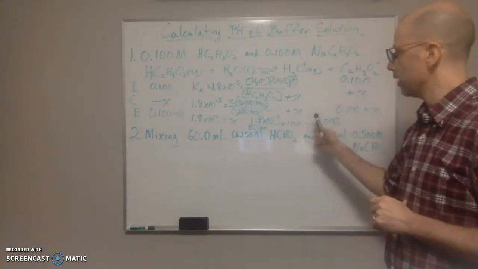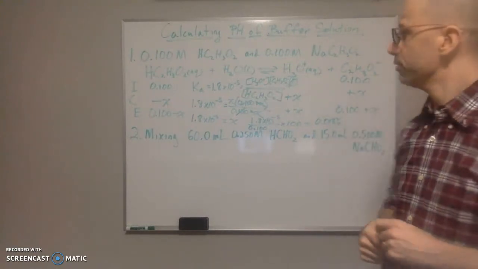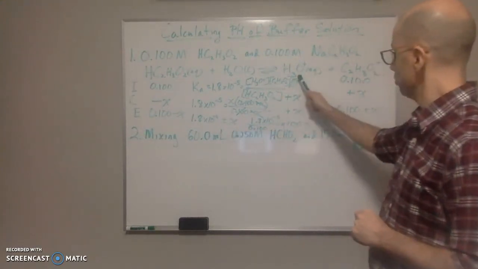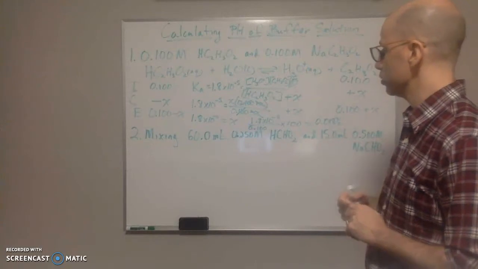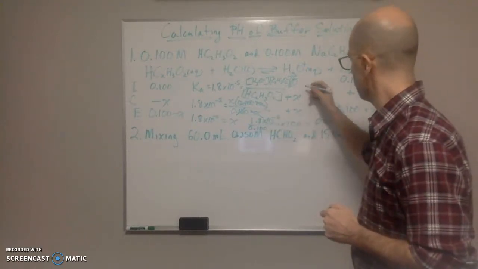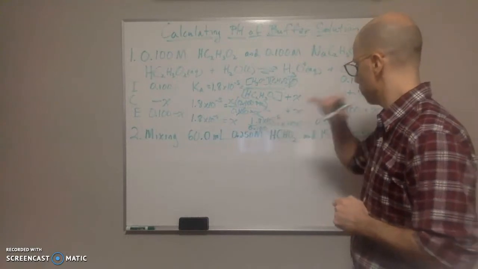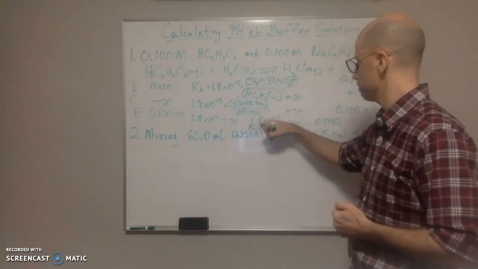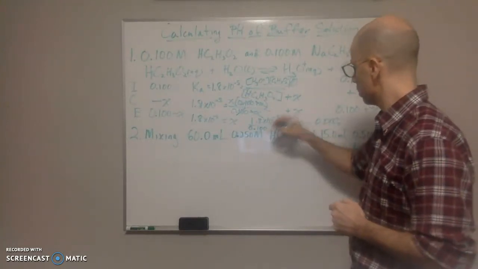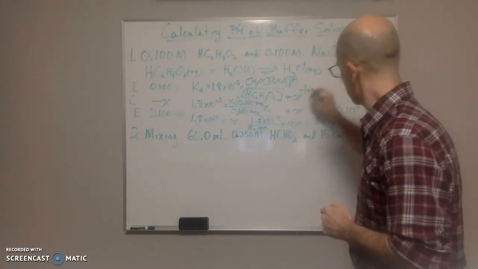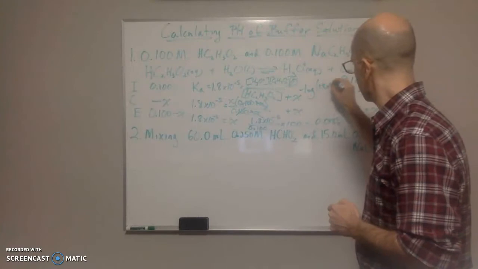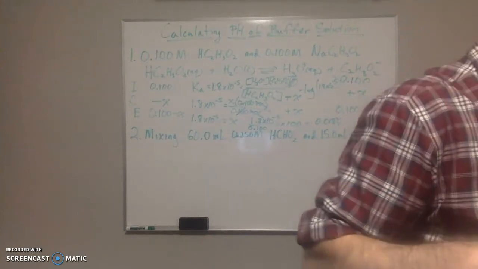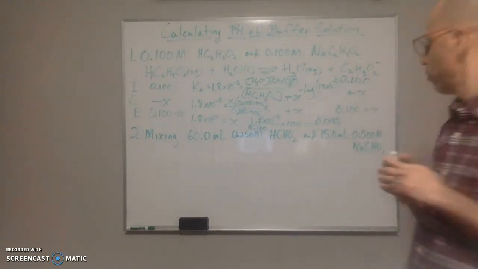So now that we have x, we need to find the pH. X is equal to the hydronium concentration. So all we have to do is take the negative log of this number. So notice we have two significant figures. If we take the negative log of 1.8 times 10 to the negative 5, you get 4.74.